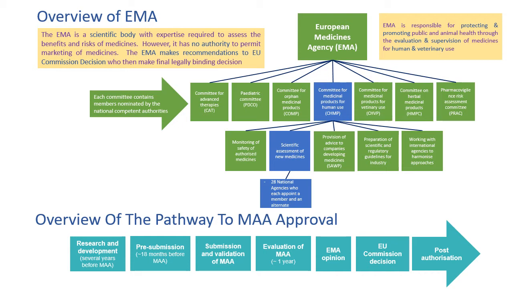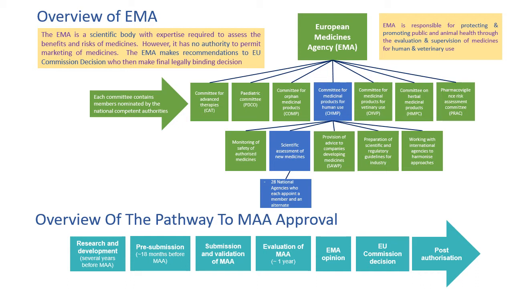Under EMA, there are seven different committees, divided on the basis of the type of medicine or product, like advanced therapy, veterinary use, human medicines, or herbal medicine. Each committee contains members nominated by the national competent authorities, like HPRA in Ireland.